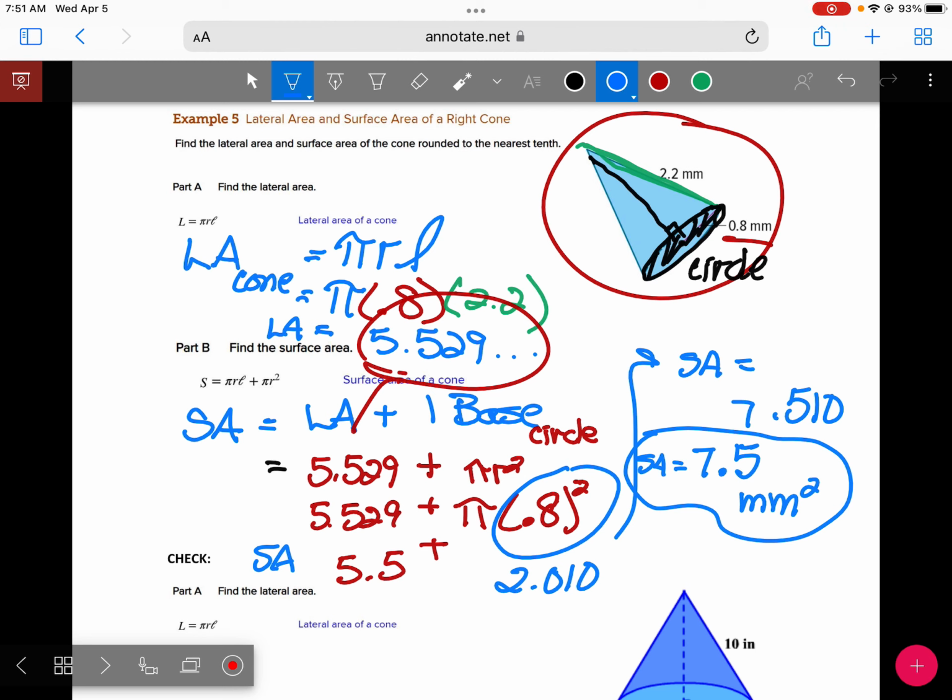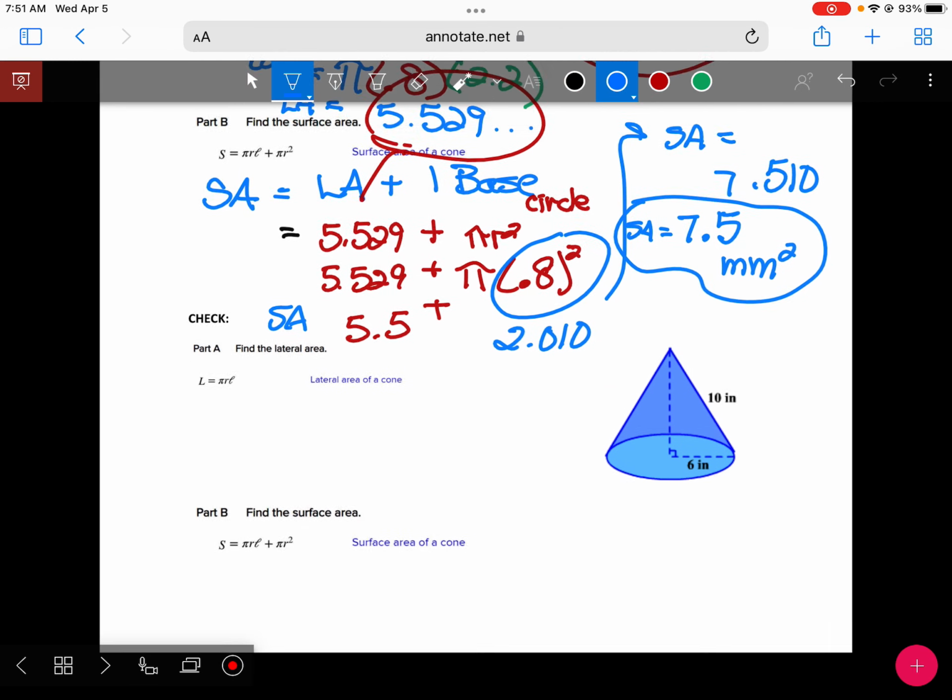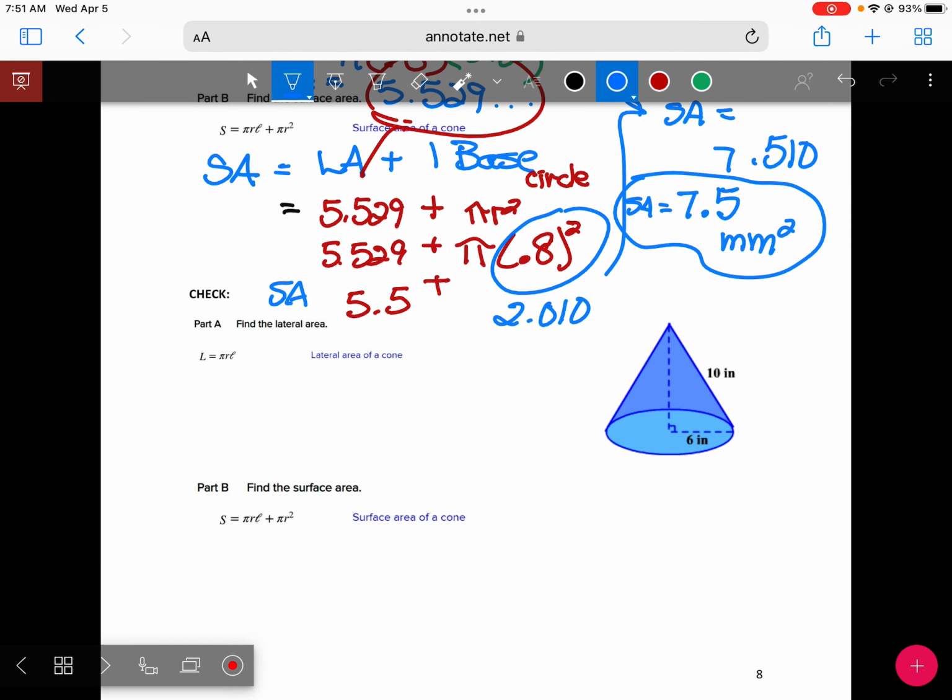So the lateral area is pi RL, pi times radius times slant height, plus your base, which happens to be a circle. Okay? Again, I'm going to skip the check of the next one. That's a similar type example.